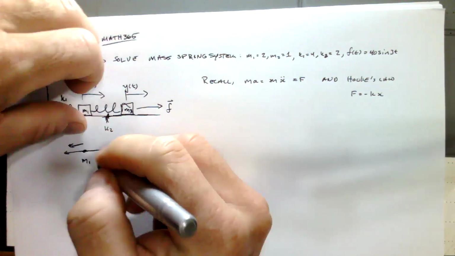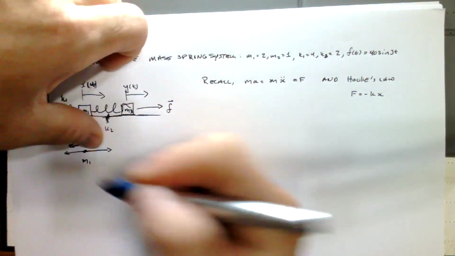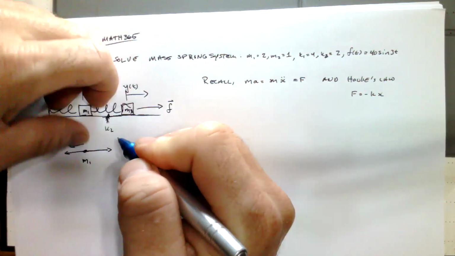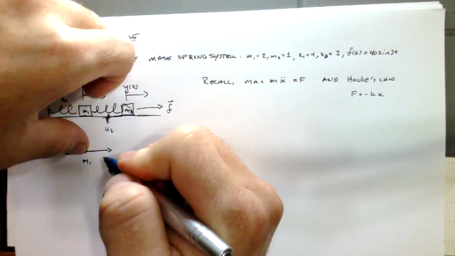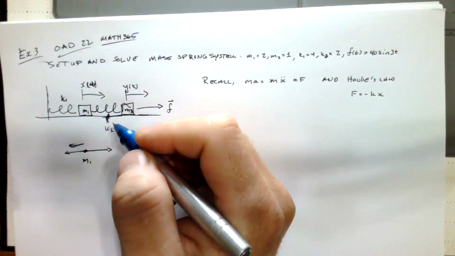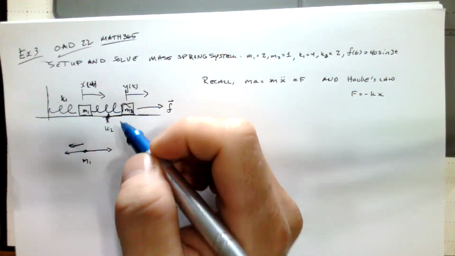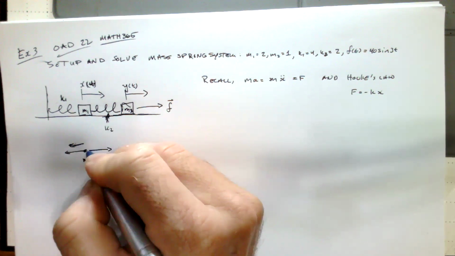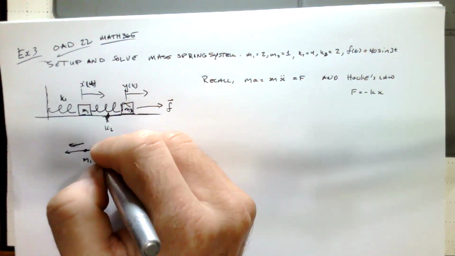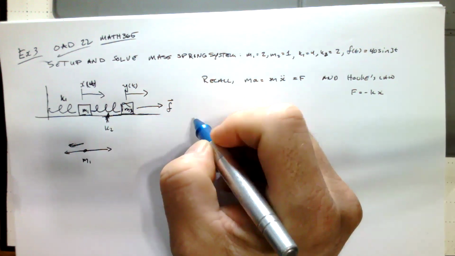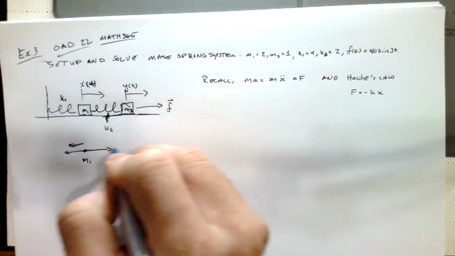So M1 is going to feel the force pulling it that way, and then the spring is going to pull it this way. And it's also going to feel the returning force from the spring pulling it back that way. That is to say, each of the individual forces on M1 is going to give us the result that we have here.